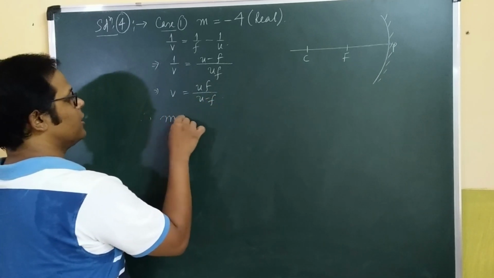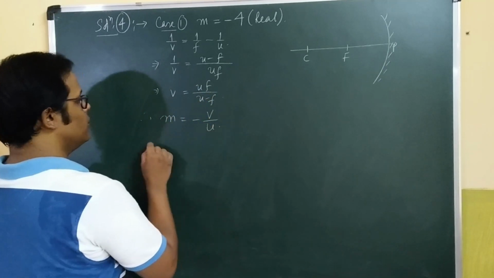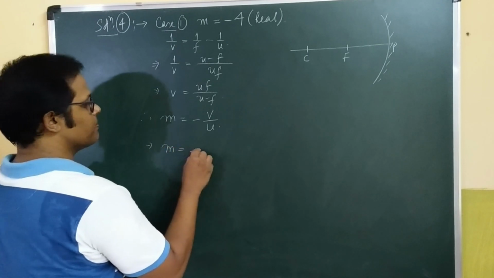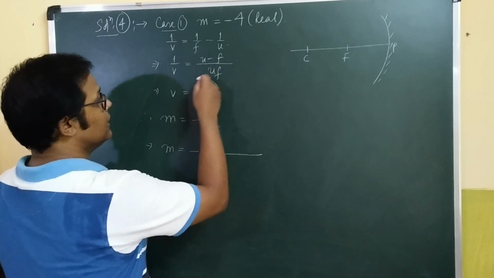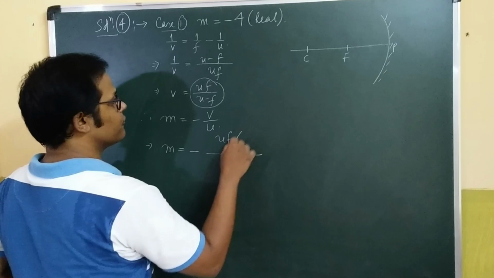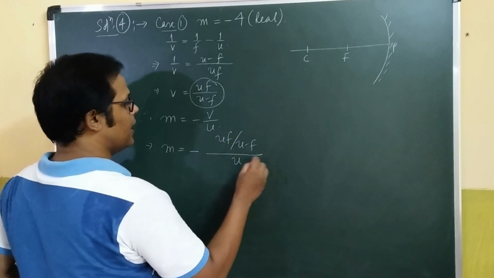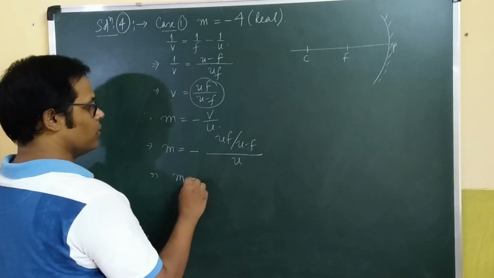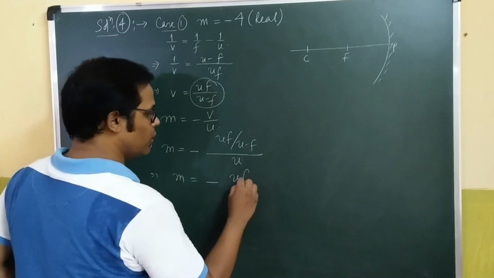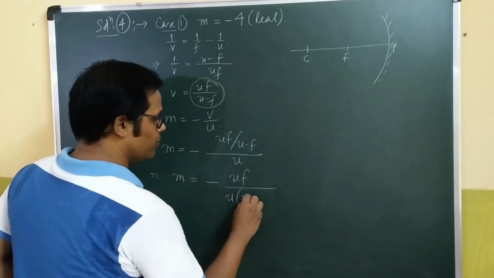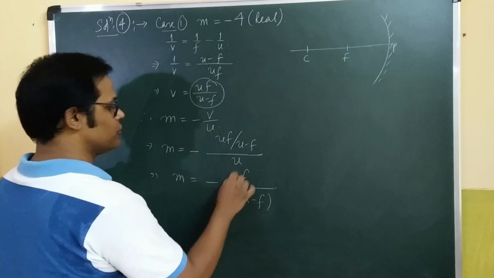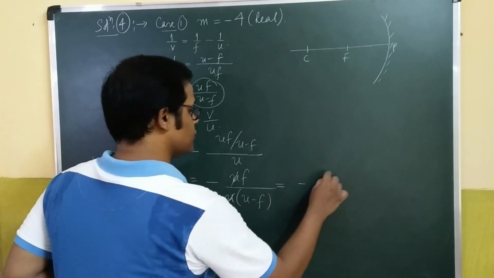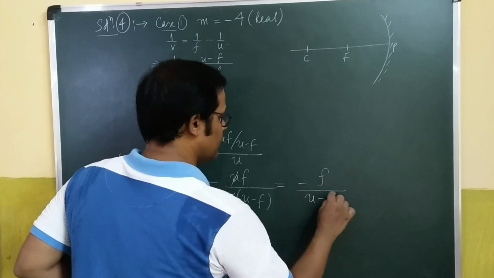Hence we have m equals minus v by u, so m equals minus uf by u minus f, divided by u. We can write m equals minus uf on the top, u into u minus f, and I lose this u. So magnification is minus f by u minus f.